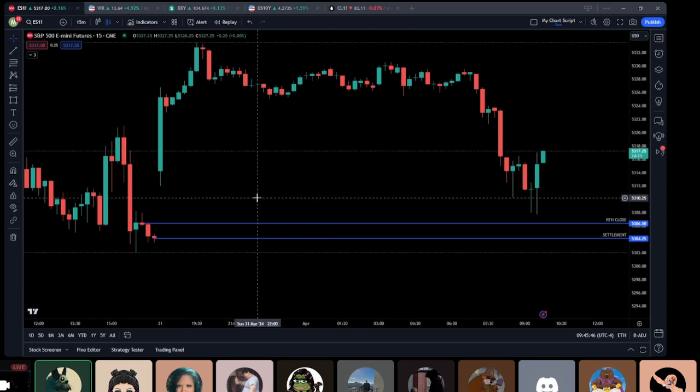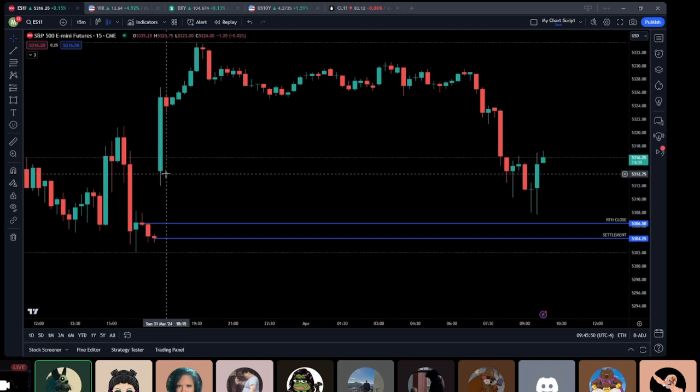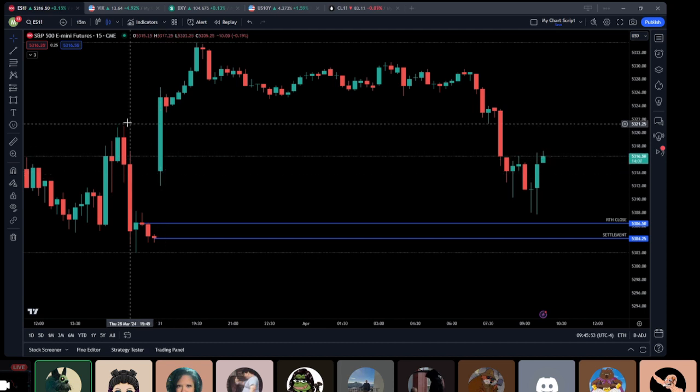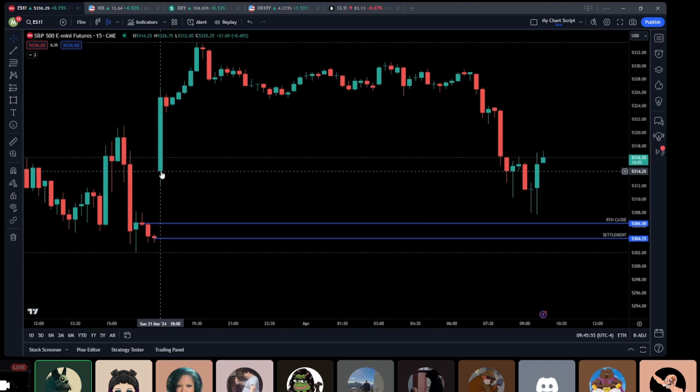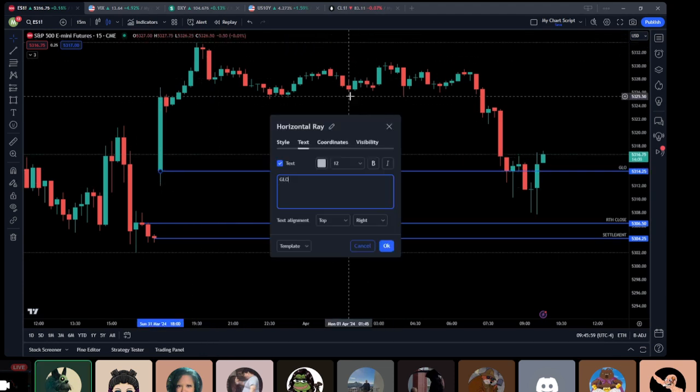And then on the next trading day, which was Sunday night at 6 p.m. last night, the market opened up here. And that is the start of the Globex session, Global Extended Trading Hours.